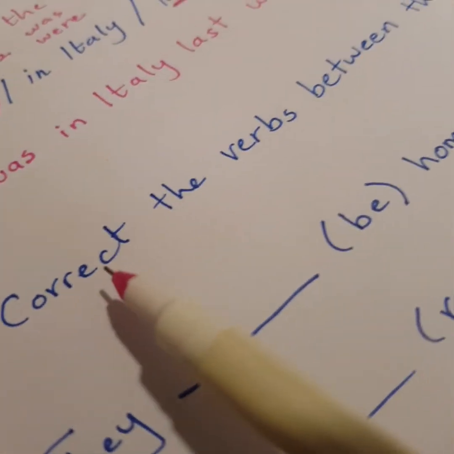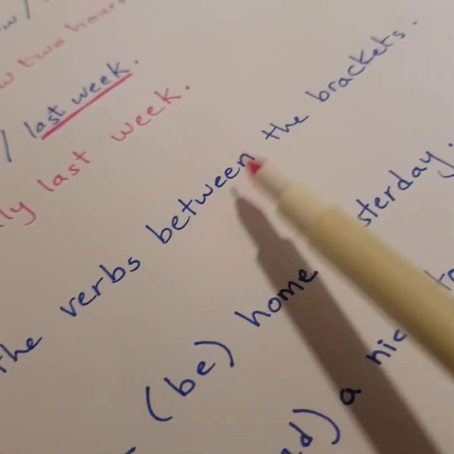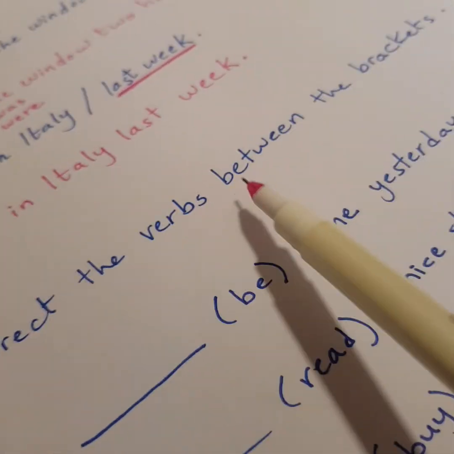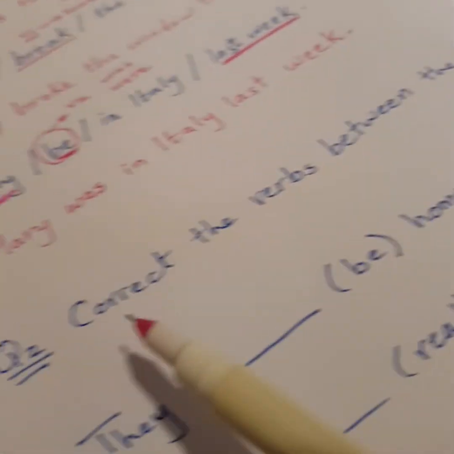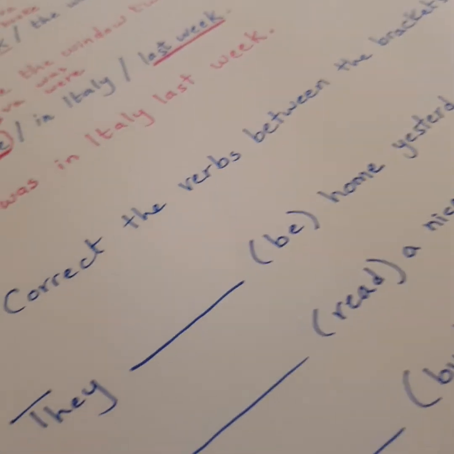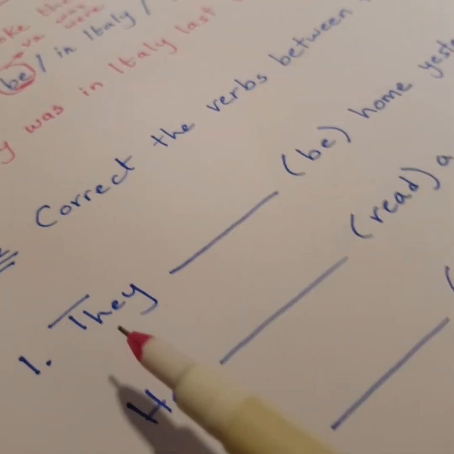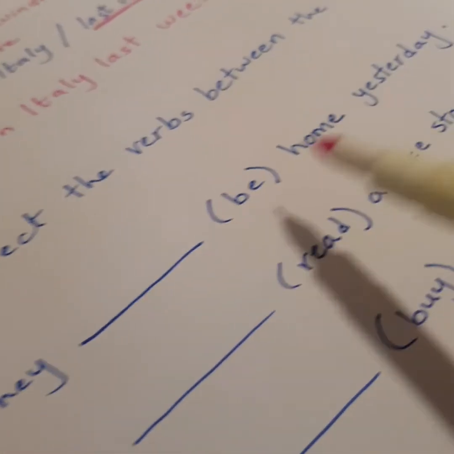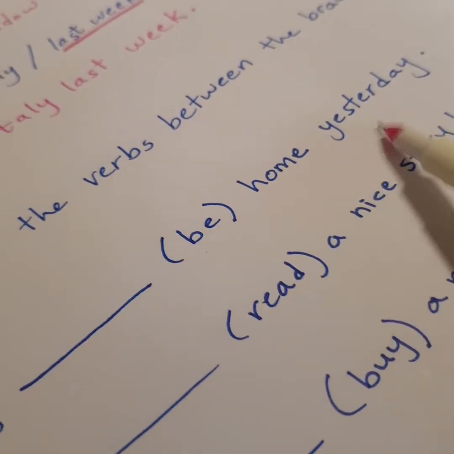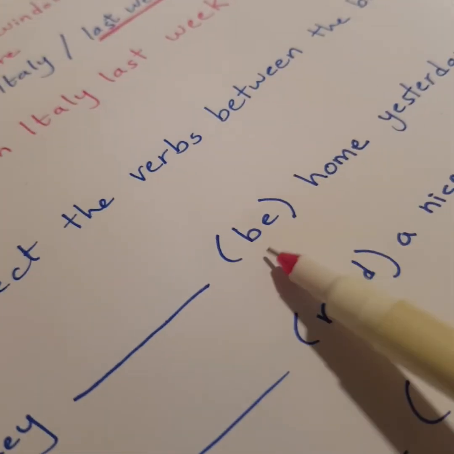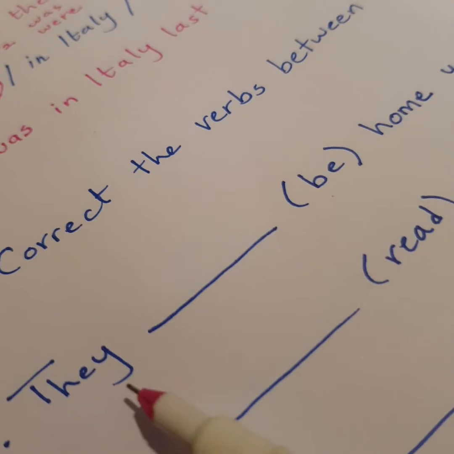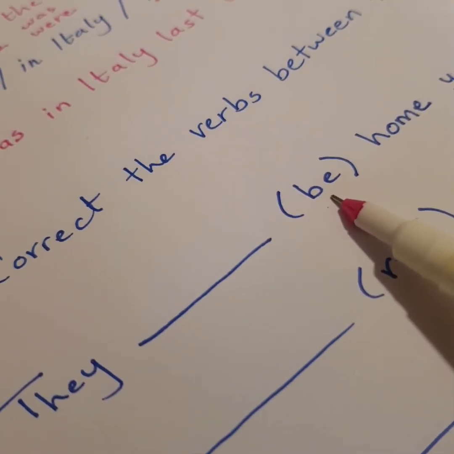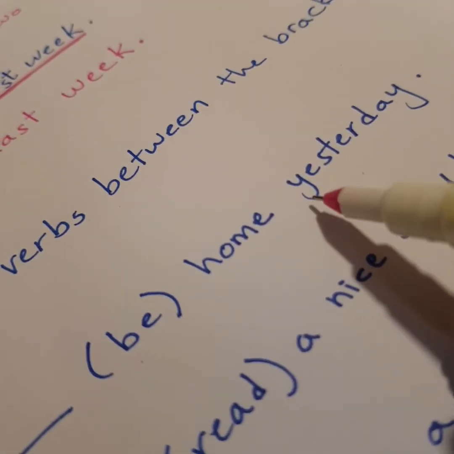Okay, question 2. Correct the verbs between the brackets. Okay, the first sentence, we have the verb be. They be home yesterday. So we have the verb be, and we have yesterday.